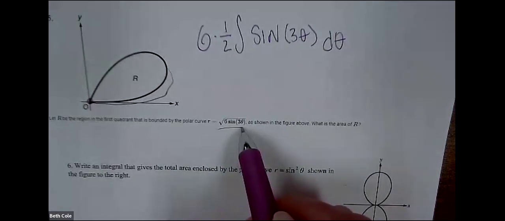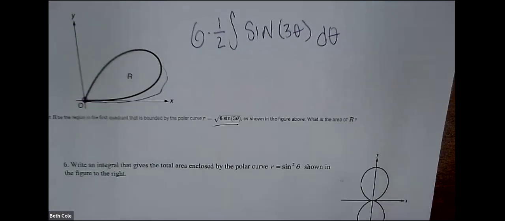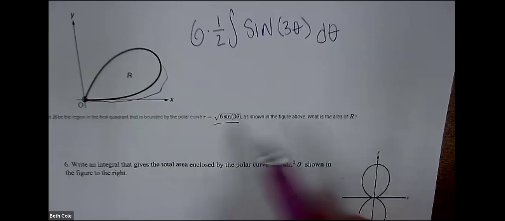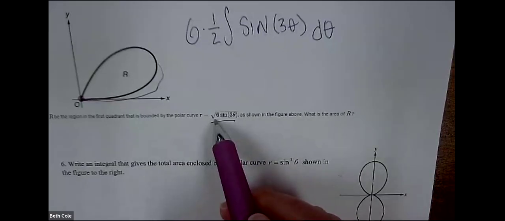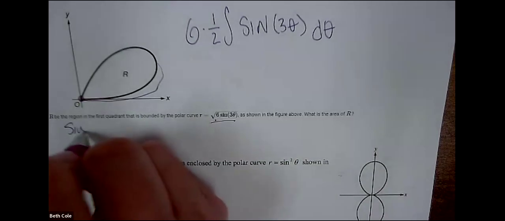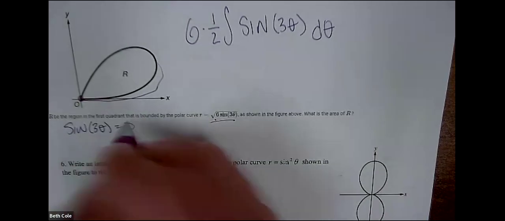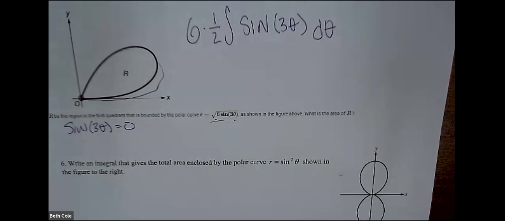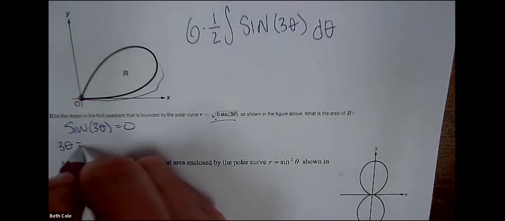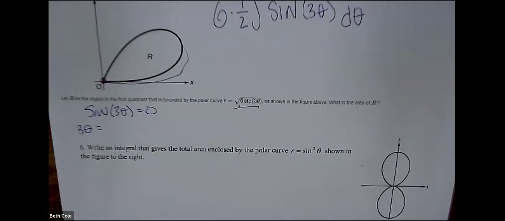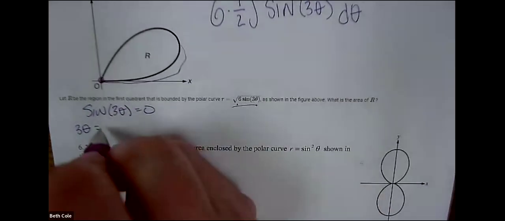All right, so to get our boundaries, we want to go from where this touches the pole around to 0. If you square 0, that will still be 0. And if you divide 0 by 6, that will still be 0. Okay, so it's just going to be sine of 3 theta equals 0. I don't want to write out all those other steps. It's all just going to be 0. So where is the first place that sine is going to be 0? 0.